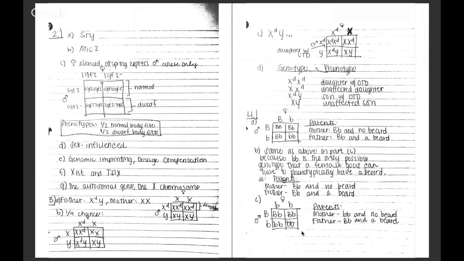What are the genotypes of the parents? Well, as you can see here, this is the only no beard. This is the only beard that can come from that. What are the genotypes of the parents? Homozygous recessive and heterozygous. The mother would have no beard and the father would have a beard.